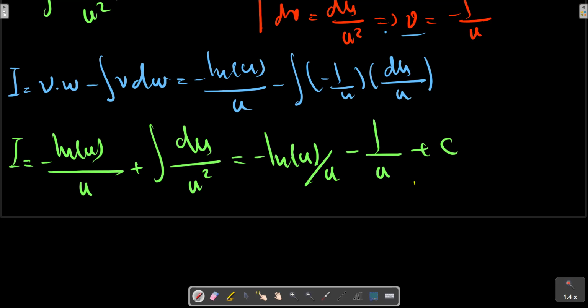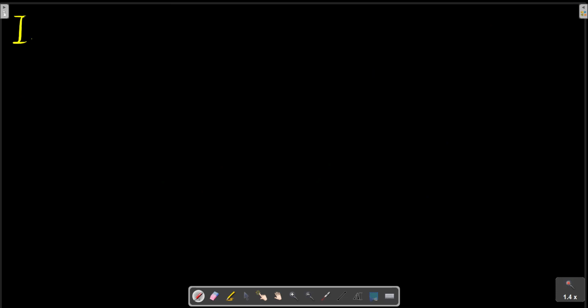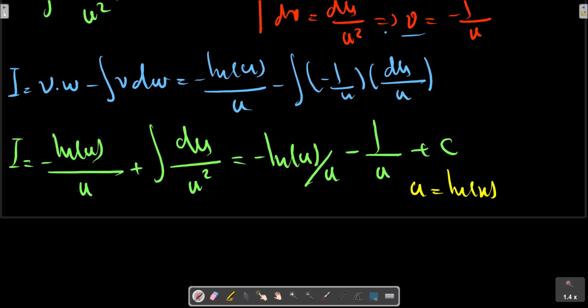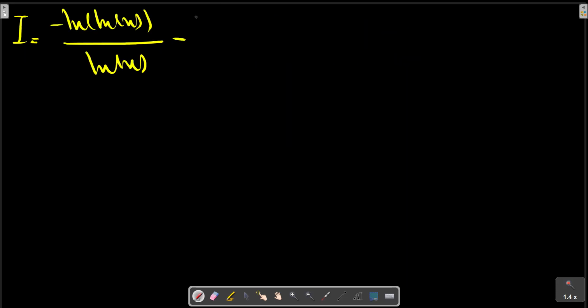We know that u equals ln x. The final result is minus ln x on ln x plus c. The final result.